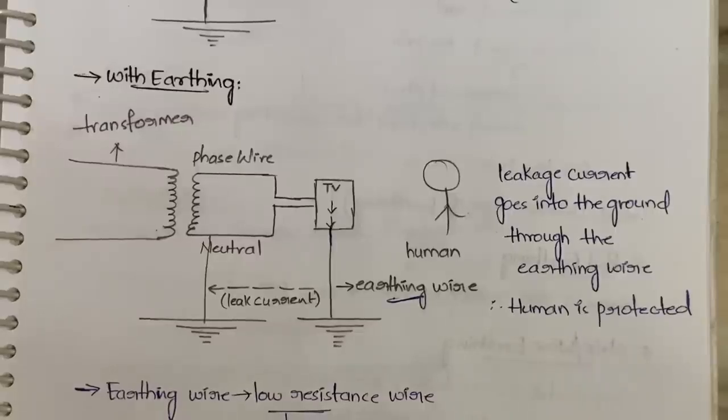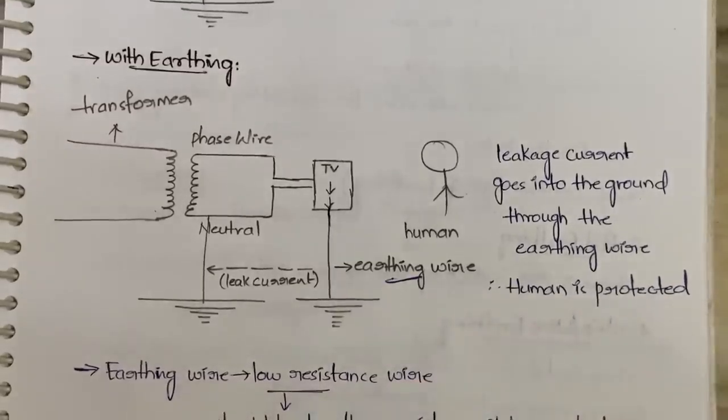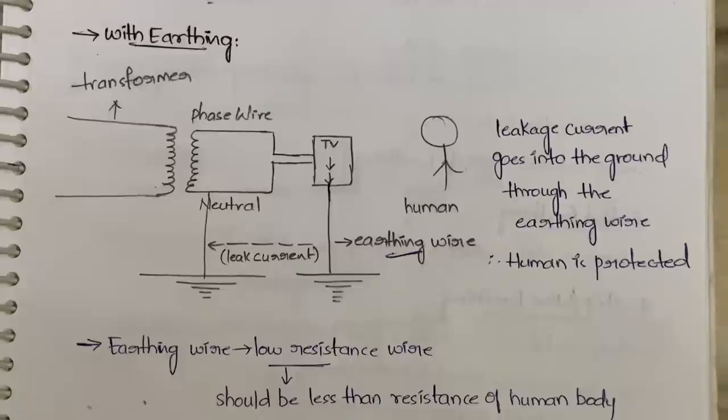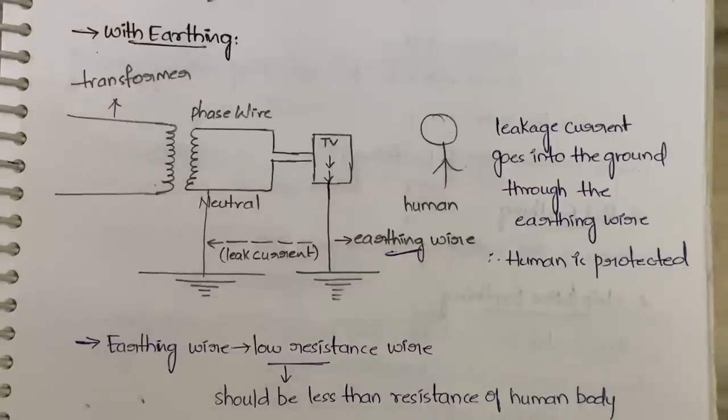And I said for earthing we will be using a low resistance wire, right? Why we should use a low resistance wire is, current will choose to pass through the low resistance path. Suppose whatever your body resistance is, you need to take a wire which has a lesser value than your body resistance, so that instead of going into your body, the current will go into that low resistance wire.